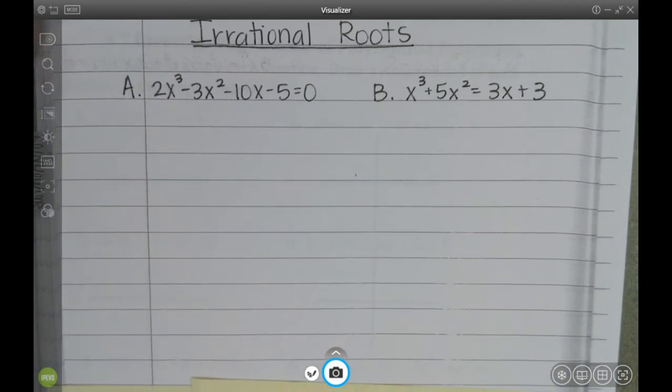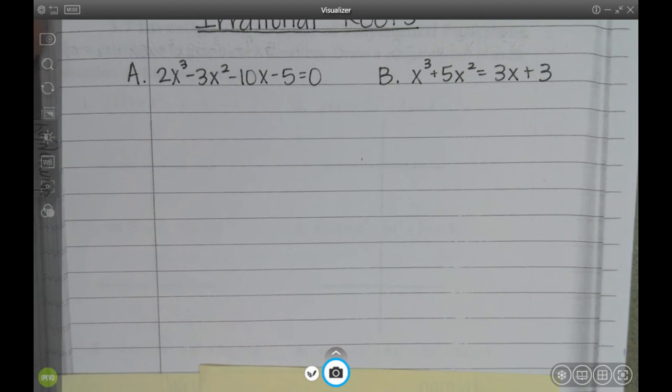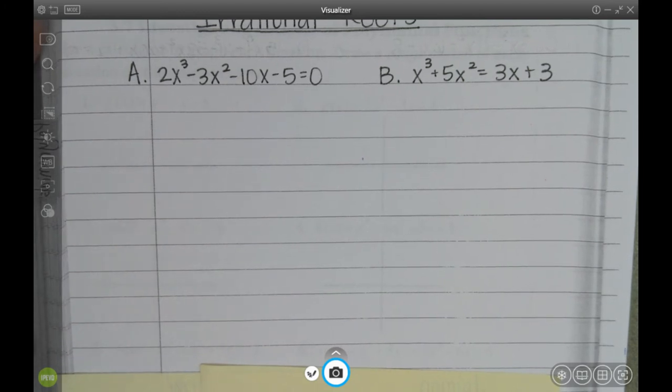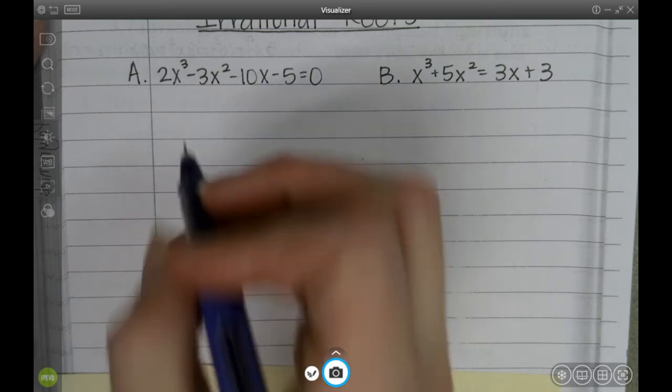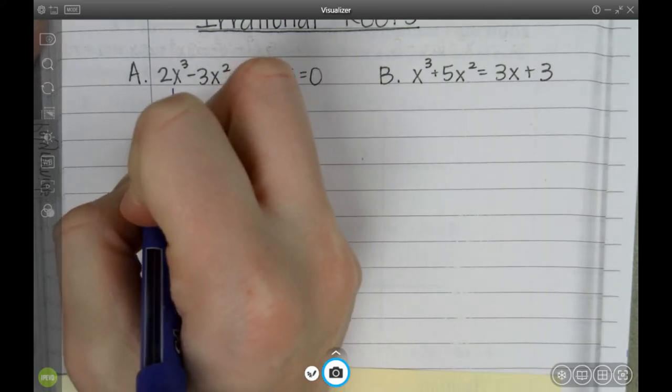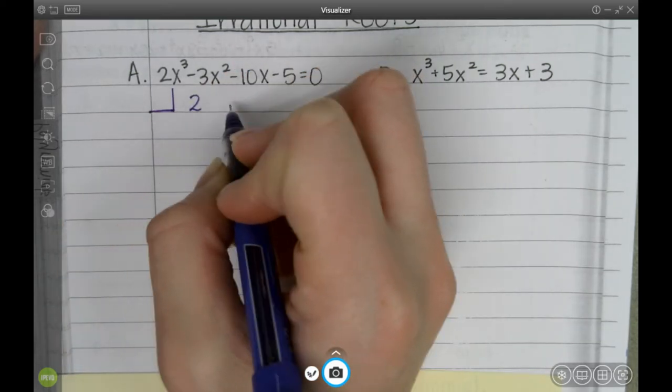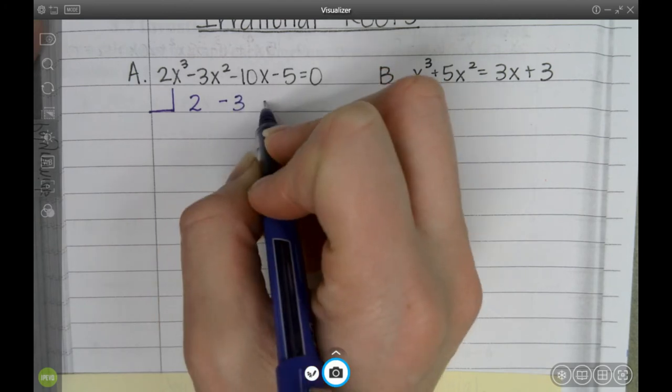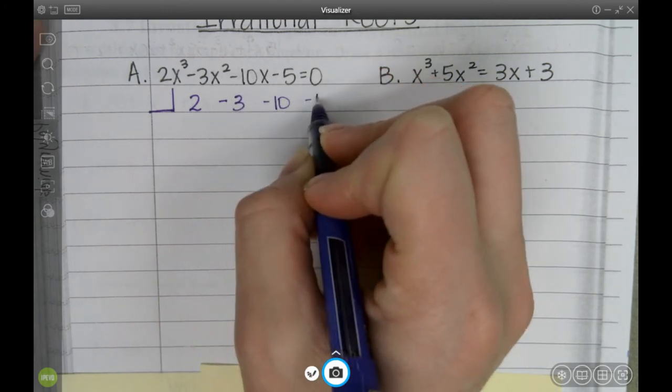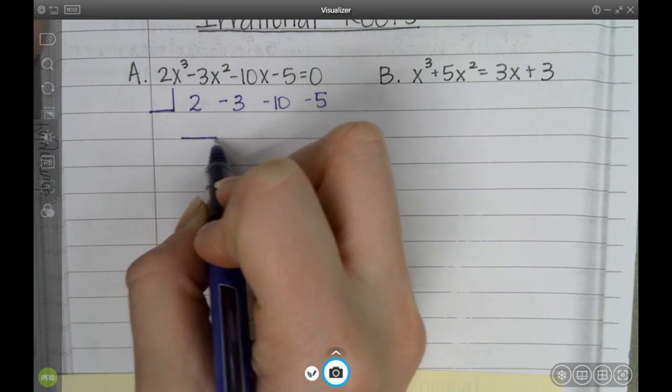All right, so we're going to solve this one just like we've been solving, because it's not going to factor. So we're going to set up synthetic division. 2, -3, -10, -5.